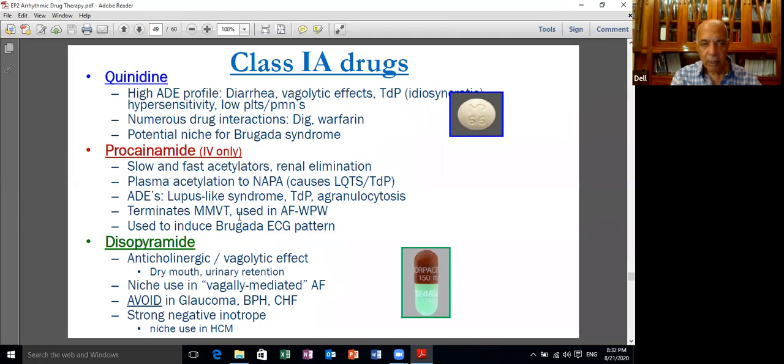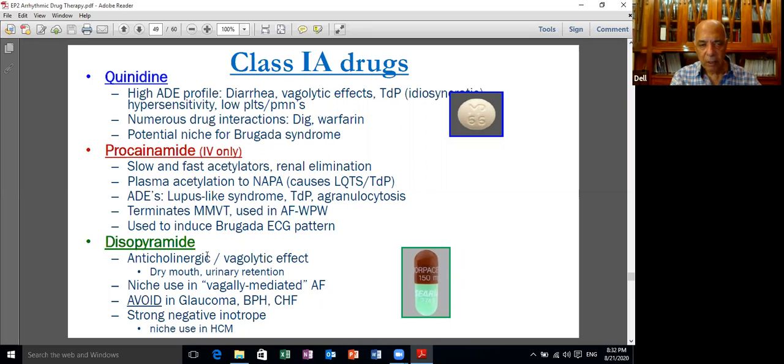It's also used in treatment of monomorphic ventricular tachycardia and atrial fibrillation with WPW. It can be used to unmask Brugada syndrome, as I showed you, ajmaline in Europe, procainamide in the United States.